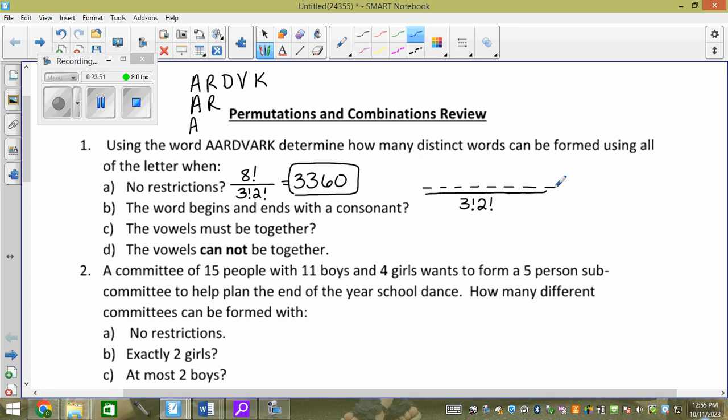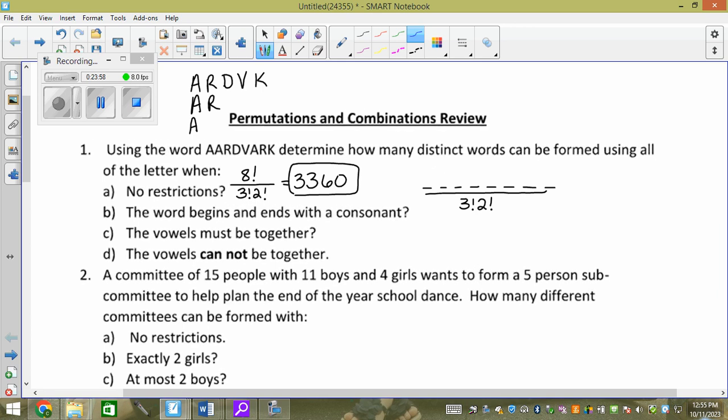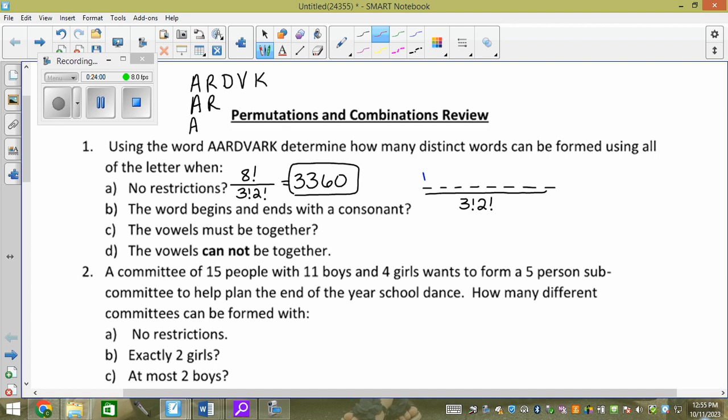So it begins with 5 consonants. And I use 1 up, so how many are in the last one? 4. So that makes it begin and end in a consonant, correct? How many letters have I used up? 2.